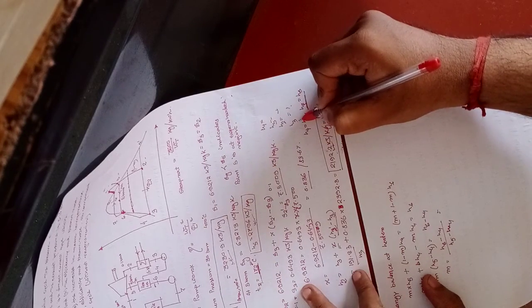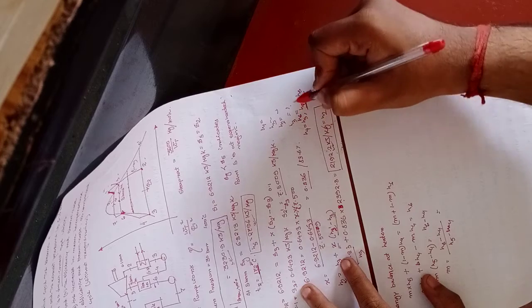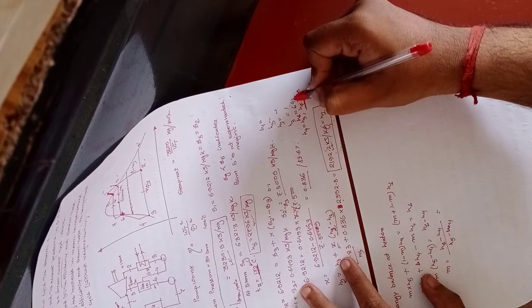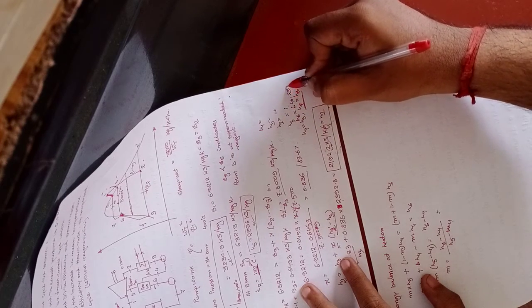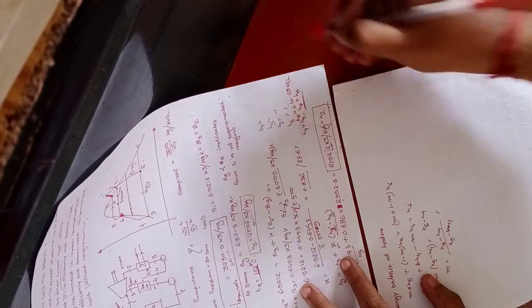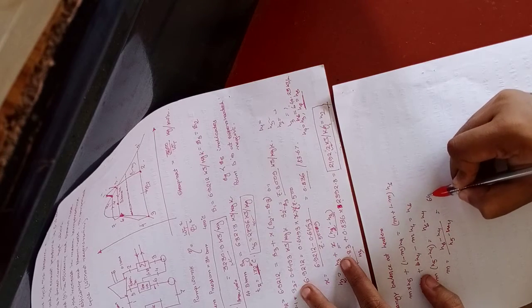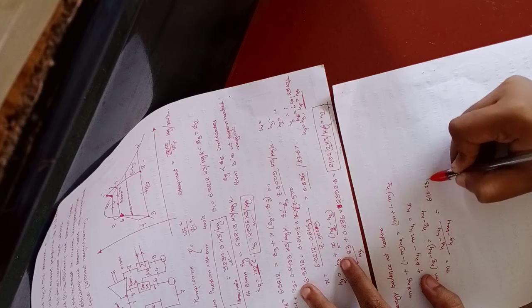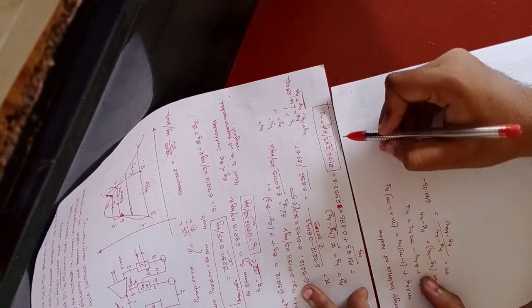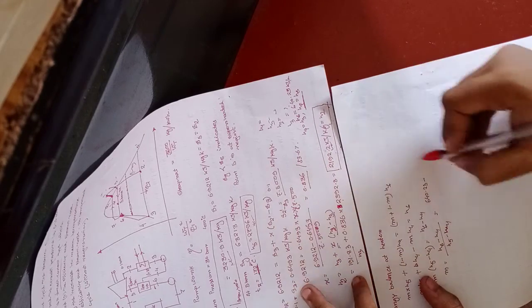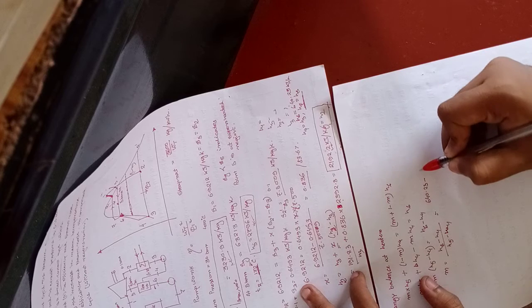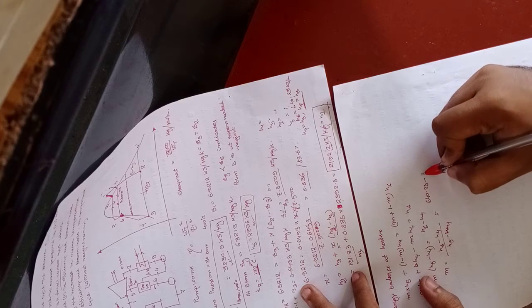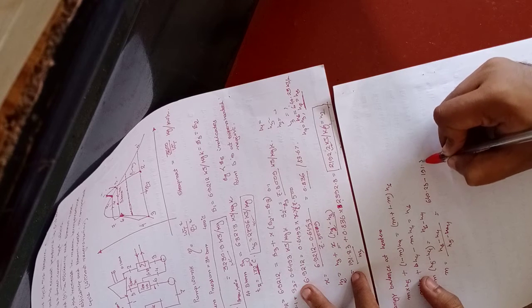So H6 will come 640.23 kilojoule per kg. So we'll put the value over here, 640.23. What is H4? H4 is same as H3, that is 191.83.